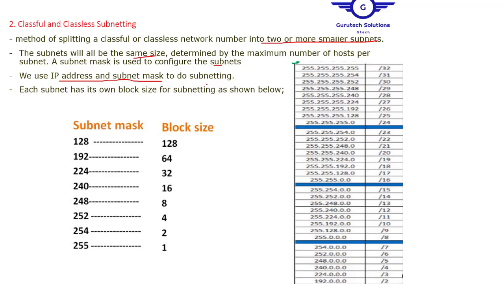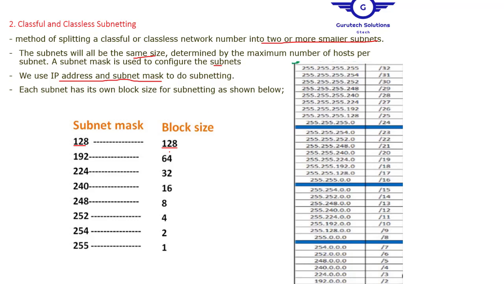For example, when you see any subnet mask ending with 128, then the block size is 128. Block size is primarily what helps us move from one subnet to another, the step that you move from one subnet to another. If you want to move from this subnet to another, how many steps do you pass through?